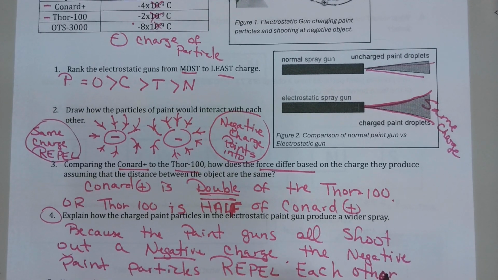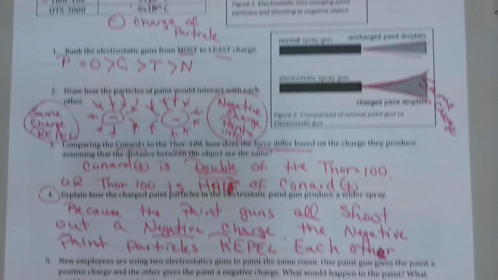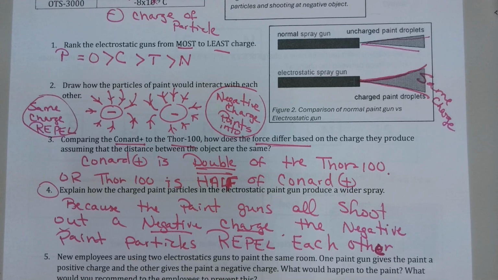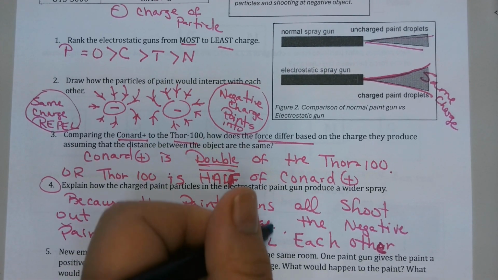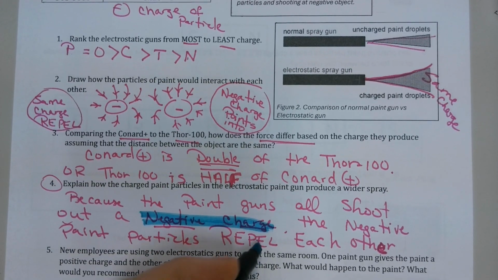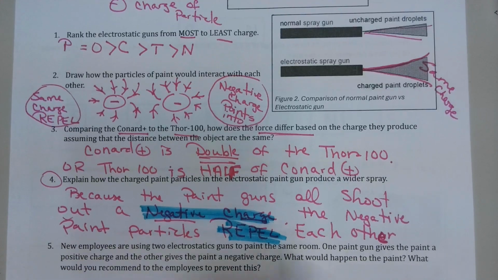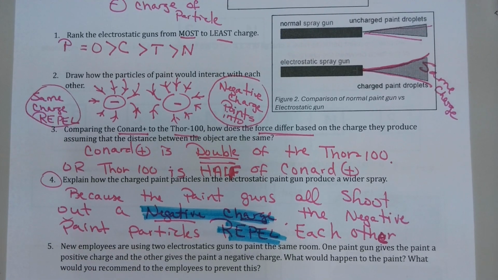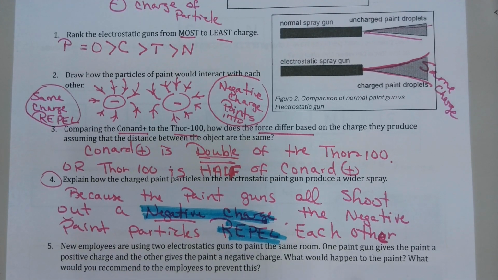That's an E. So the takeaway is that they're all the same charge, so they're all negative, all the same charge, and they repel. Negative charges are going to repel. If they were all positive charges, they would also repel.